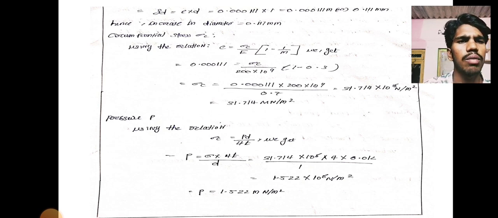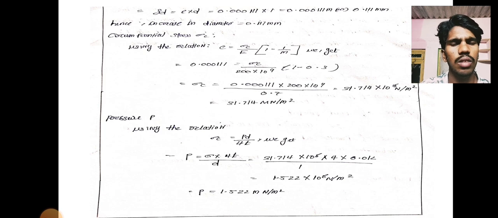After this calculation we get 1.522 into 10 to the power of 6 Newton per meter square. Converting this value into mega Newton, we get 1.522 mega Newton per meter square. So by these equations we can calculate the circumferential stress and pressure values.